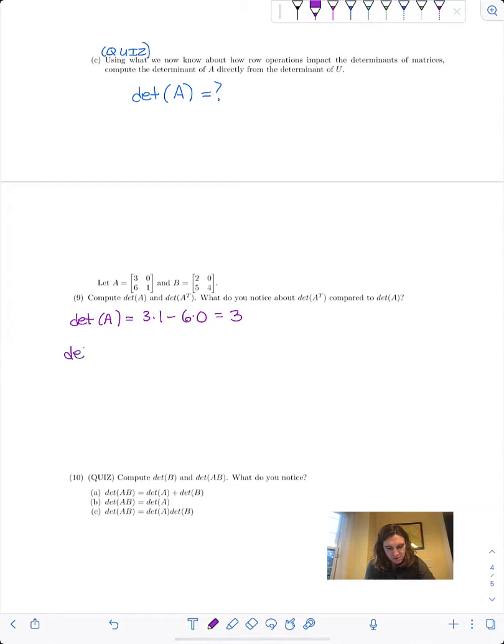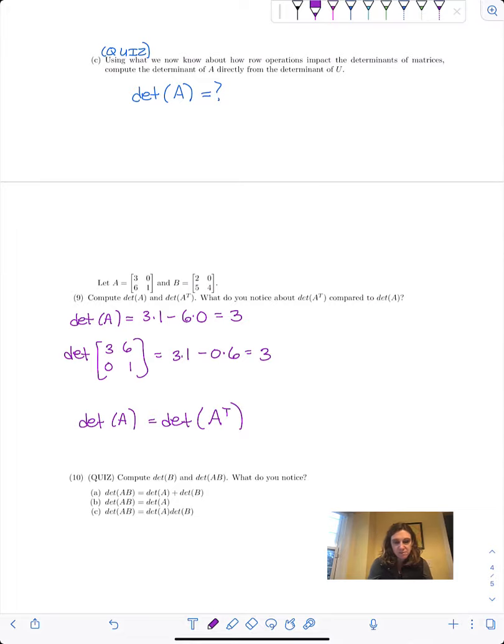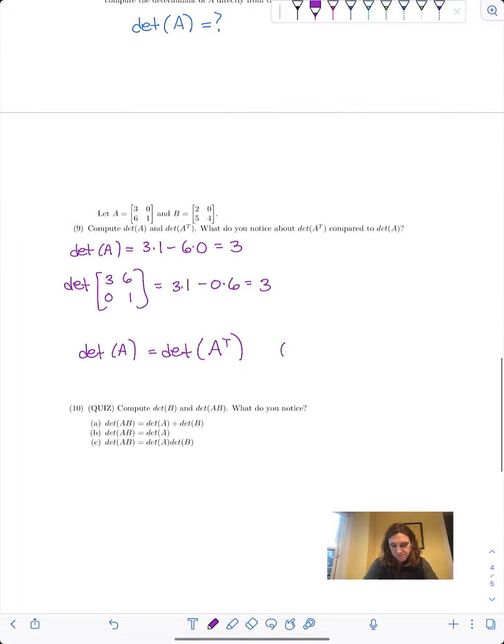But you should notice that even if we take its transpose, so our main diagonal stays the same and the other stuff flips off of it, well, at least in the 2 by 2 case, we get the same basic thing. And in fact, that's true in general. The determinant of a matrix is always just equal to the determinant of its transpose. Okay, so this is always true, not just 2 by 2s.